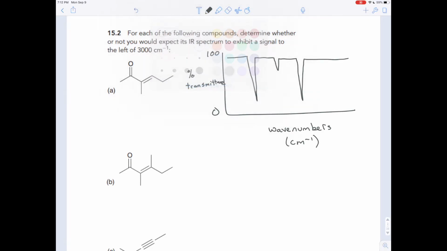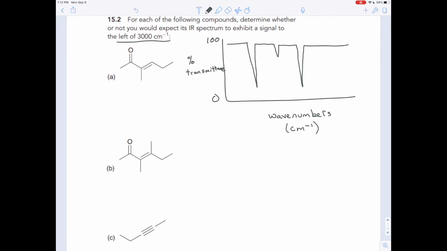Now, this specific question is asking to the left of 3,000 wave numbers, and there are a couple specific bonds that do that. In general, a bond between an sp2 hybridized carbon and a hydrogen vibrates at around 3,100 wave numbers.